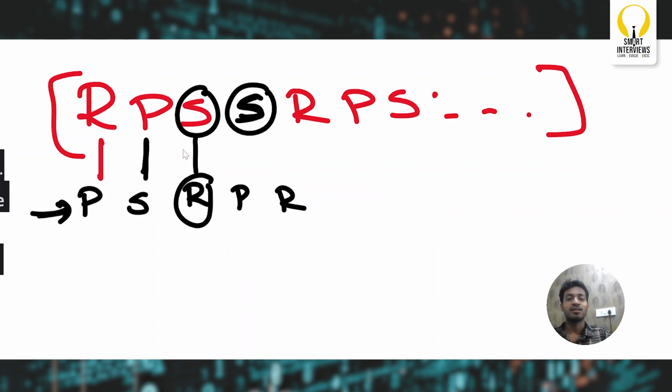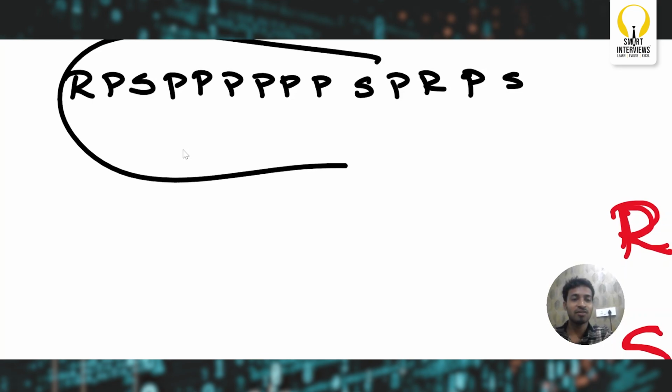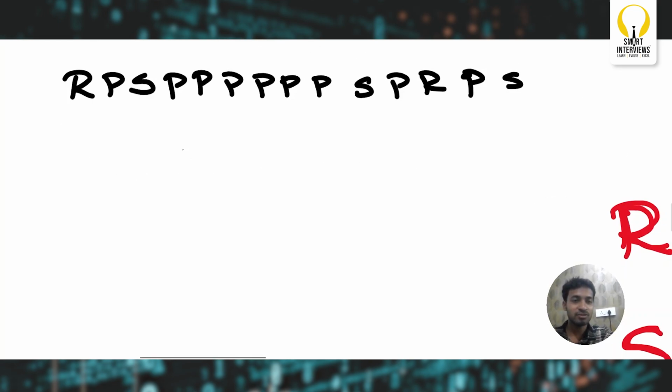Now let's see. If you have a string RPS and let's say P, and some P's, and maybe something like this, and R, P, or whatever, S, P, R, P, S, something like this. If you have these as your moves, all the moves that you're going to make for this input in here will be different.